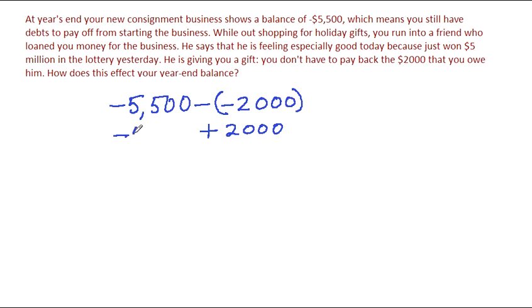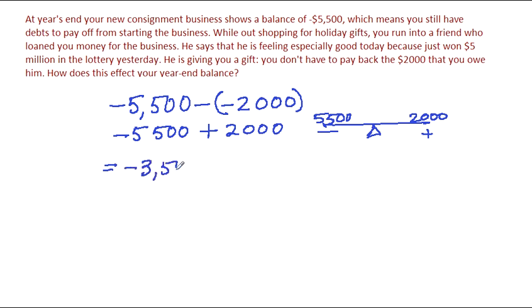And so you now have negative $5,500 plus $2,000. And you can see the negative side is still heavier here by $3,500, but your debts have decreased by $2,000.